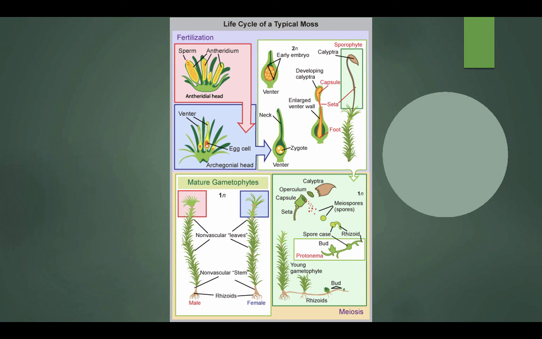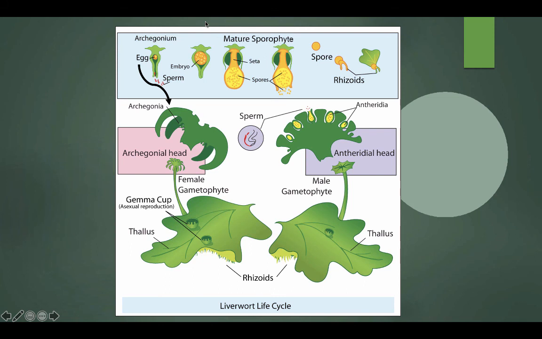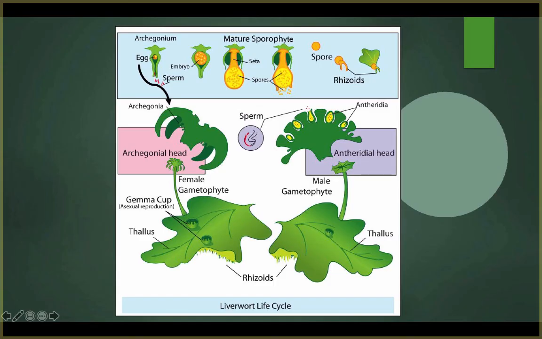Now, the first thing that you're going to cover in the lab, we're going to talk about the liverwort life cycle. I feel this one is just a tad bit more complicated, which is why I saved it for discussion second. Now, we already know what some of these structures are called. So you can see the rhizoids there on the bottom of this leafy-like structure here called the thallus.